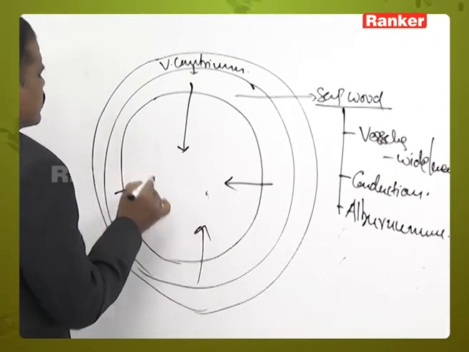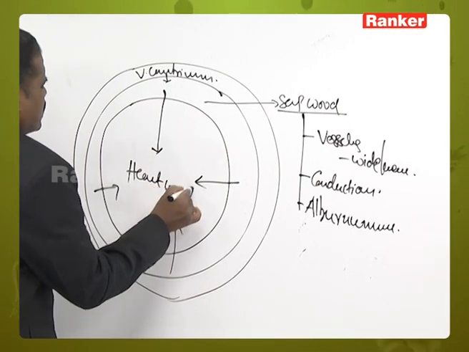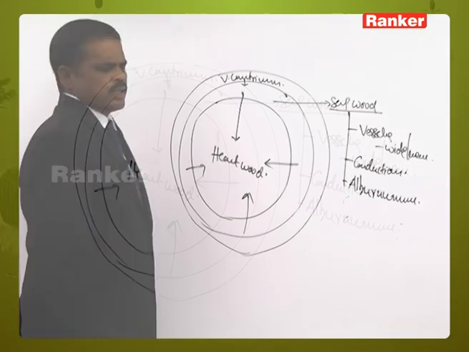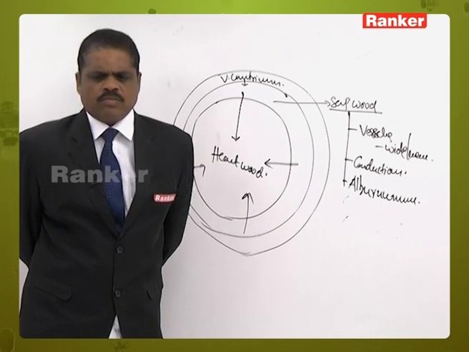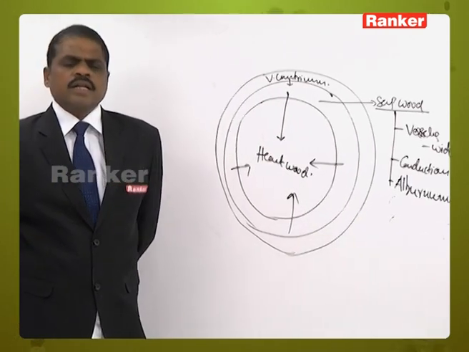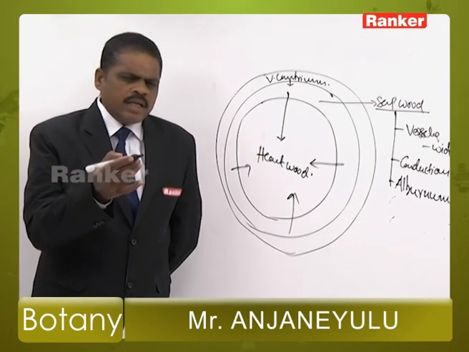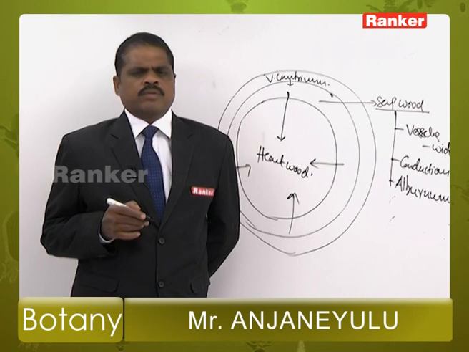When the sapwood is pushed to the center, this wood is called heartwood. Heartwood is present in the center of the stem. Sapwood gradually transforms into heartwood.